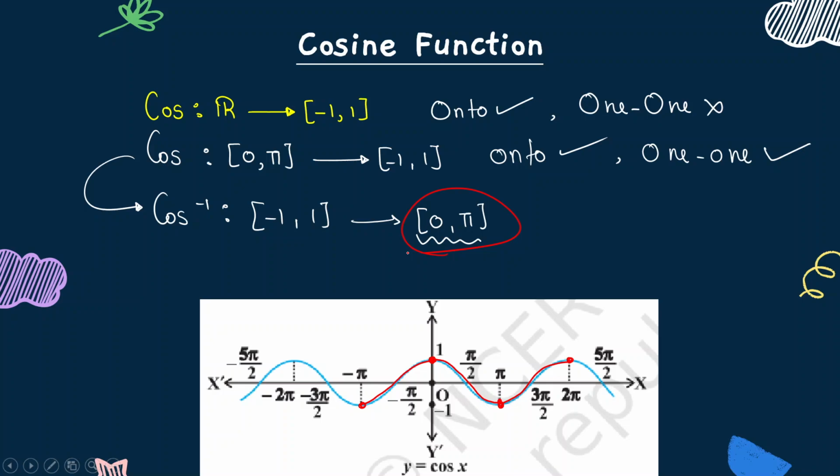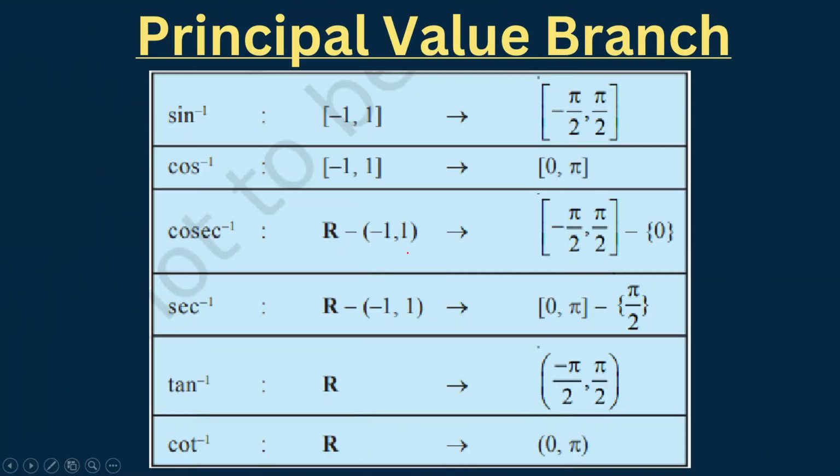Similarly, for all the trigonometric functions, since they are periodic in nature, to have their inverse we need them to be 1-1. To make it 1-1, we consider one of the branches, which is called the principal branch, and the list of all the principal branches is over here. For sine inverse, the principal branch is minus pi by 2 to pi by 2. For cos, it is from 0 to pi.